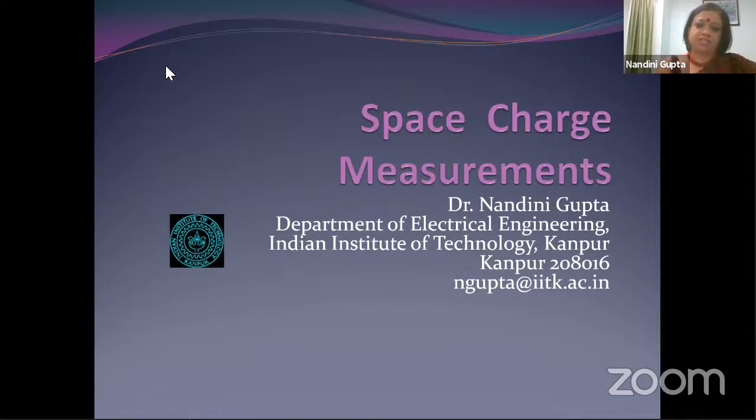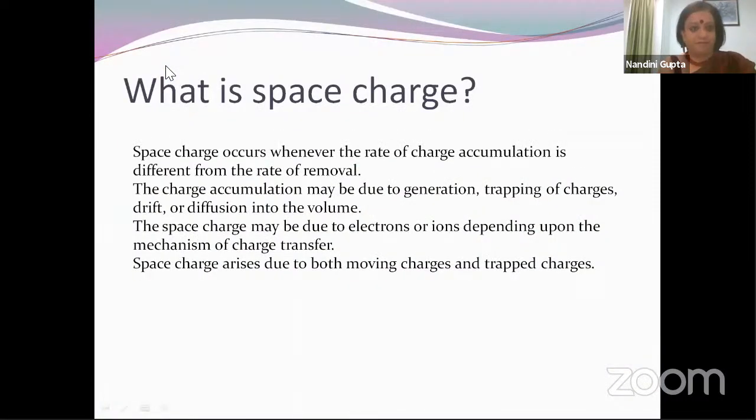Now, the question that arises at the first instance before we can go to any nitty-gritties is what exactly is space charge? I think many of us are not aware how to distinguish between the 3 different kinds of charges that we are concerned with in the study of dielectrics. First is, of course, free charge.